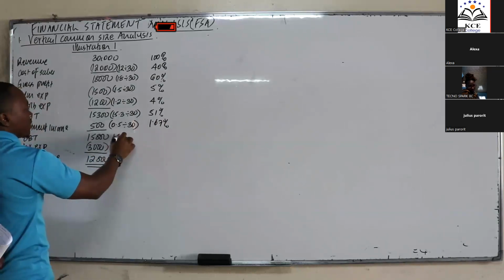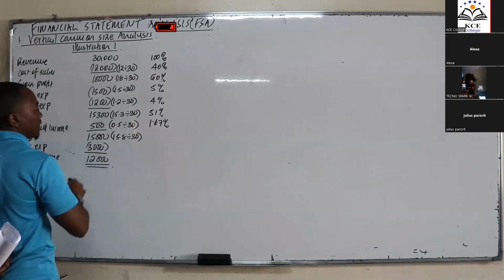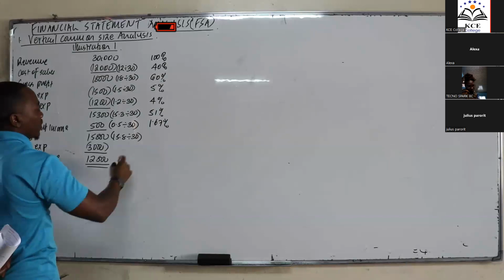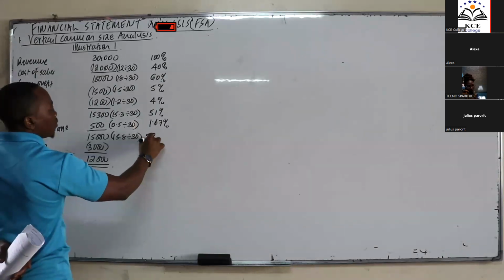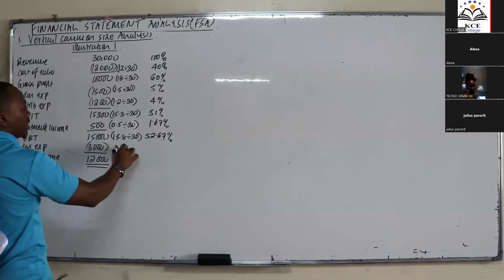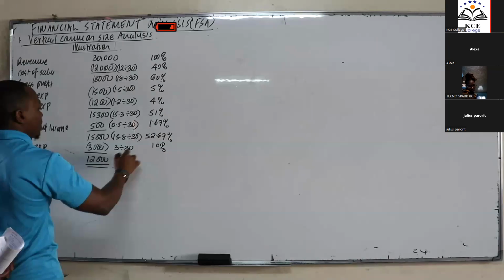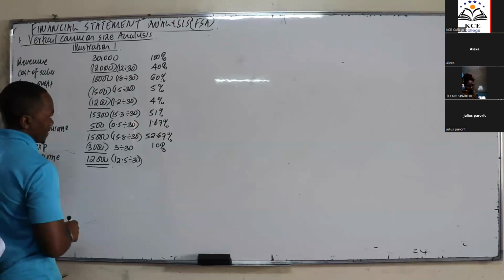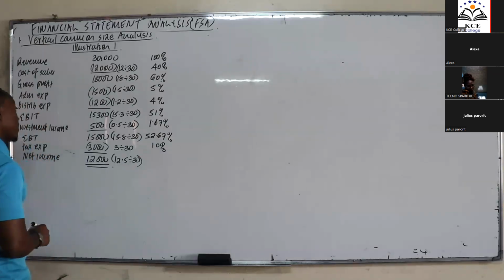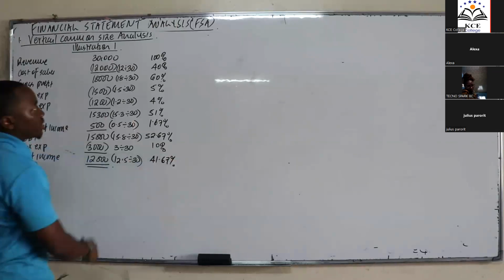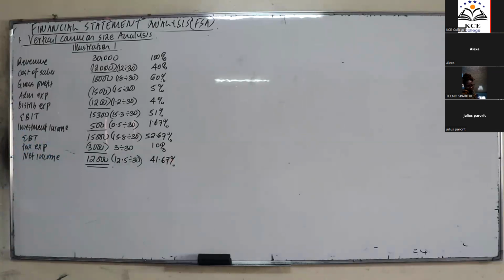You take 15.8 divided by 30, 52.67%. You take 3 divided by 30, that's 10%. 12.8 divided by 30, you get 42.67%? As simple as that.